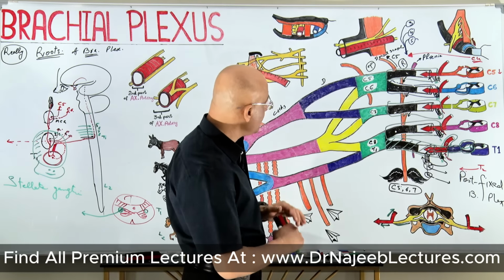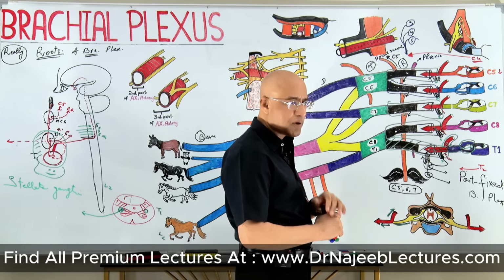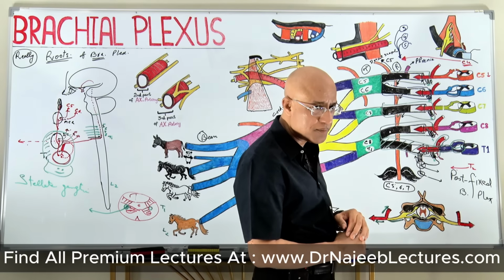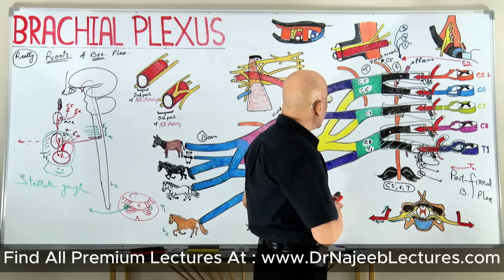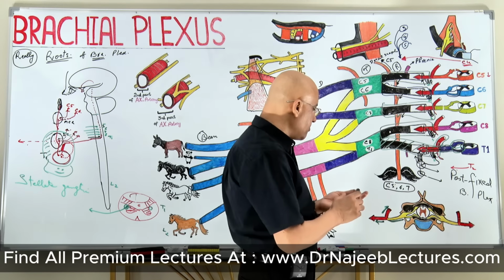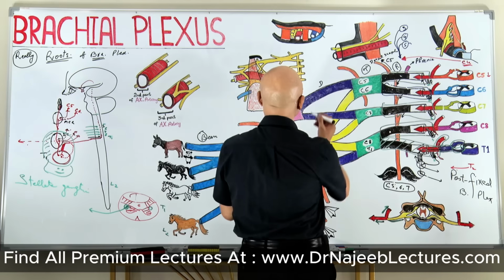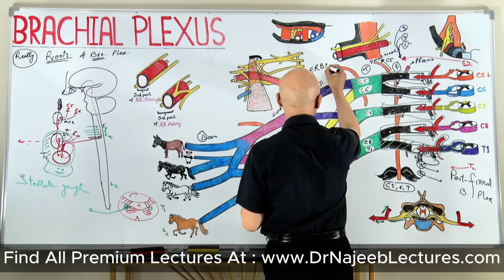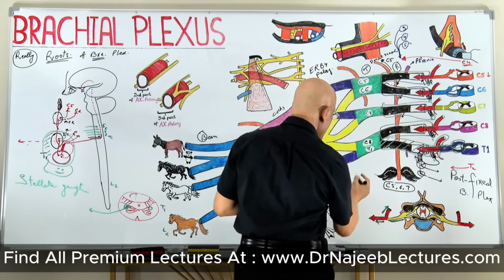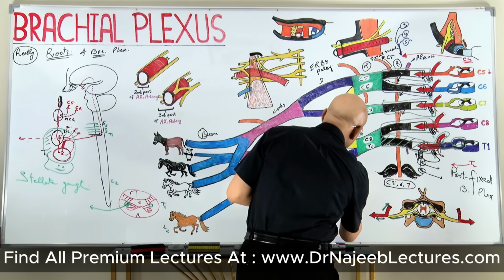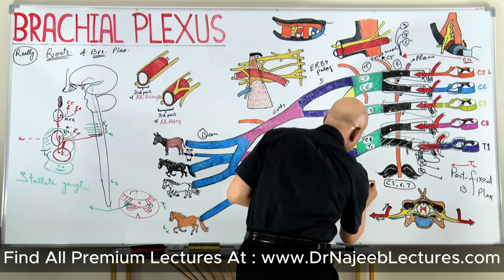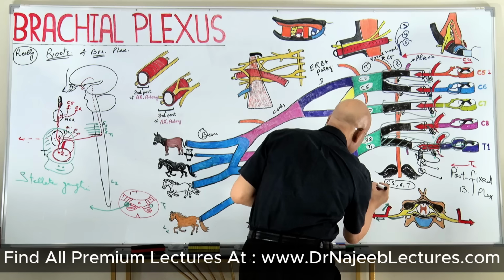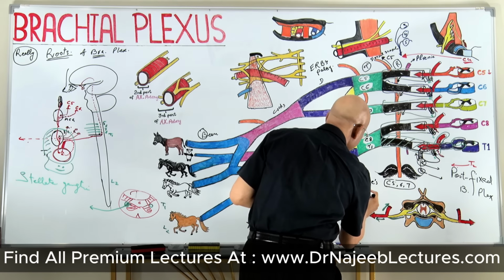Now come back. What is the clinical importance of this? Huge. Why? There is a condition called Erb's palsy, E-R-B-S, Erb's palsy. And there's another condition which is called Klumpke's palsy.